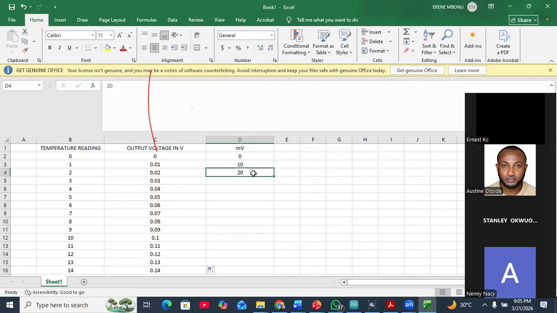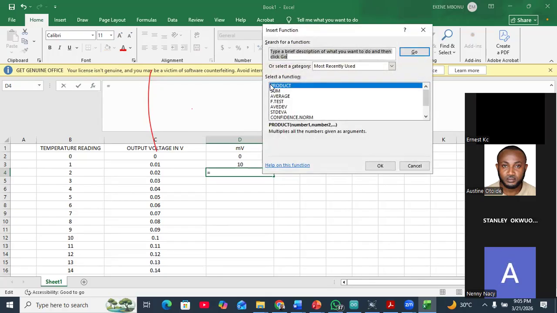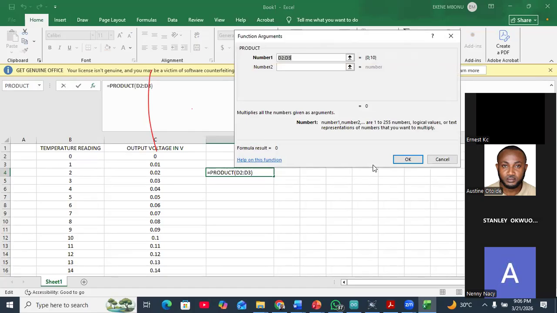So the same thing applies here. This one is increasing by 10. Somebody tell us what should be here. Product of C3 for example, not C4, multiplied by what?